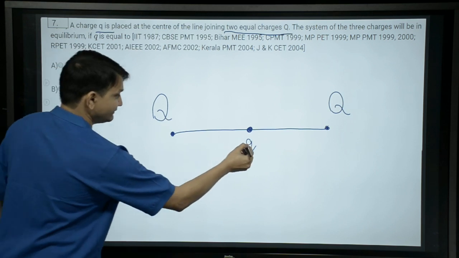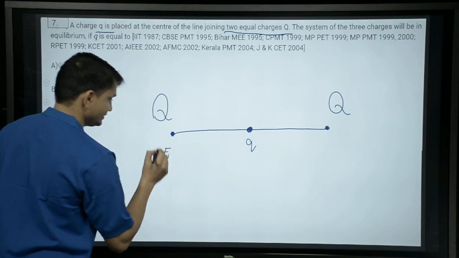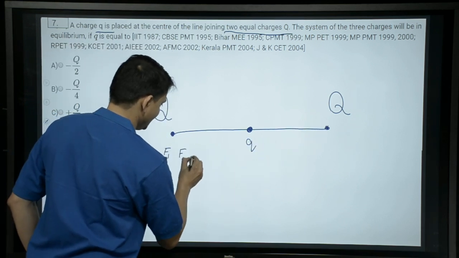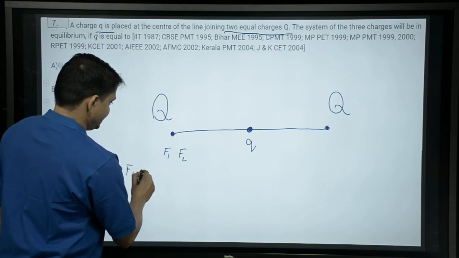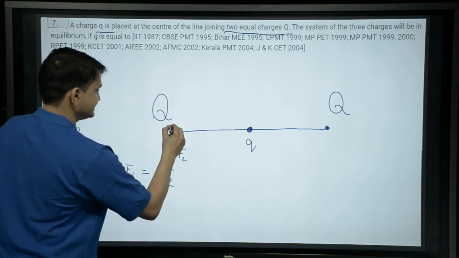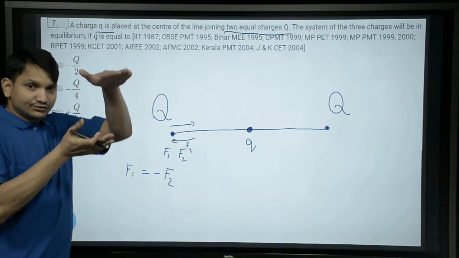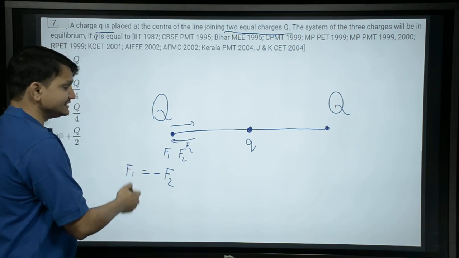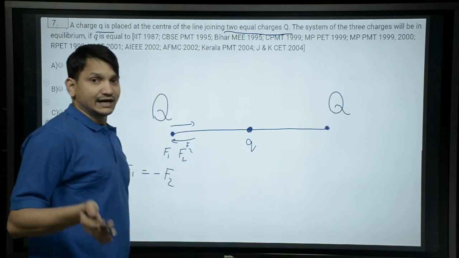So let's consider the force by this as F1 and force by this one as F2. Obviously F1 is minus F2, right? Because suppose this is F1, this is what F2 has to be in order to balance the two forces for it to be in equilibrium.